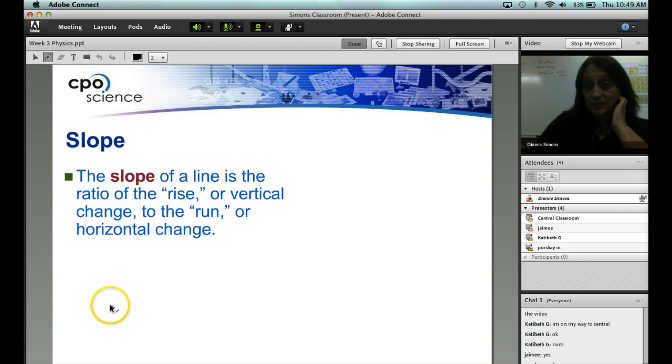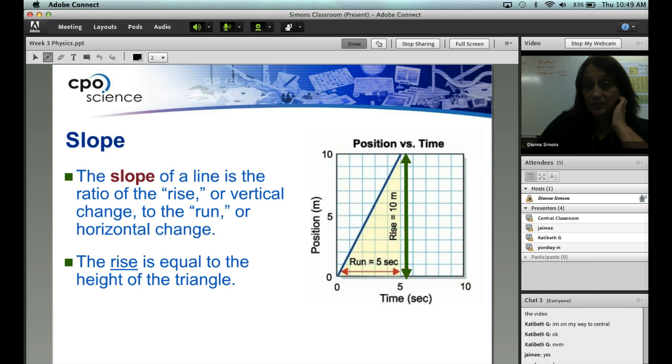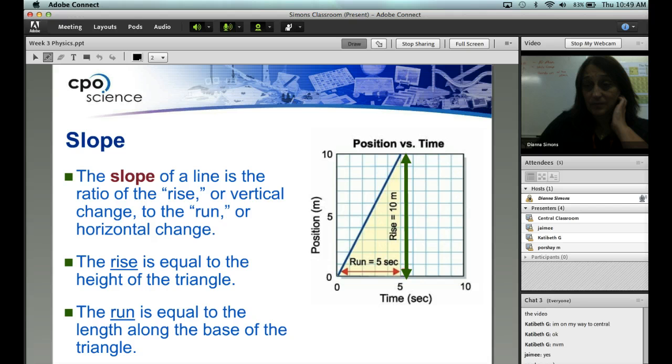The slope of a line, all right, is the ratio of rise, or the vertical change, to run, the horizontal change. And if we look here, the rise is equal to the height of a triangle. The run is equal to the length along the base of the triangle.